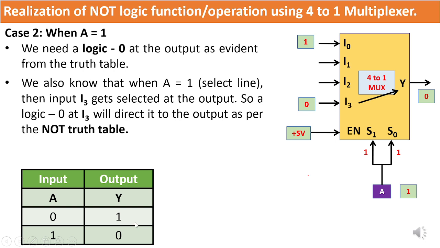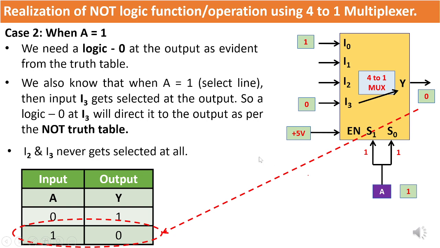In accordance with the truth table of the NOT gate, which requires a logic low output for a logic high input, we establish a connection from input line I3 to a logic low level. This logic low signal is then directed from input I3 to the output Y, as depicted in the figure below for your reference. It's important to note that the input lines I1 and I2 remain unselected in this setup and can either be left unconnected or disconnected.